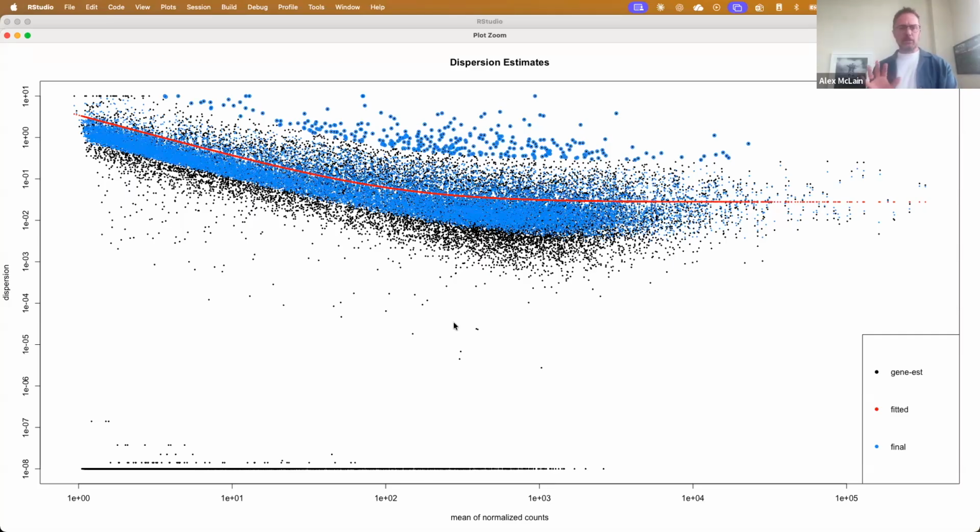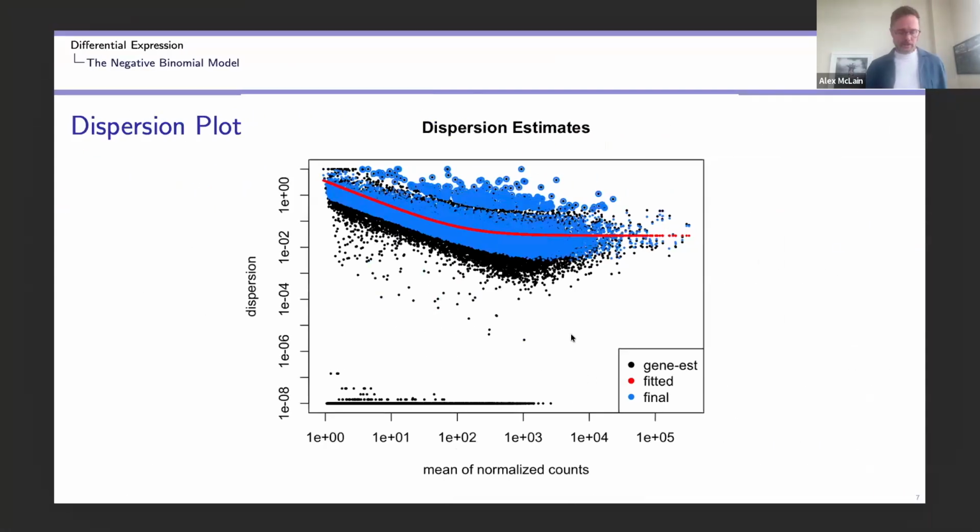I'm not positive how you would use this in practice, how much impact this would have on your analysis. To me, I think it was just more of interest conceptually: what's going on here? How is this model working?